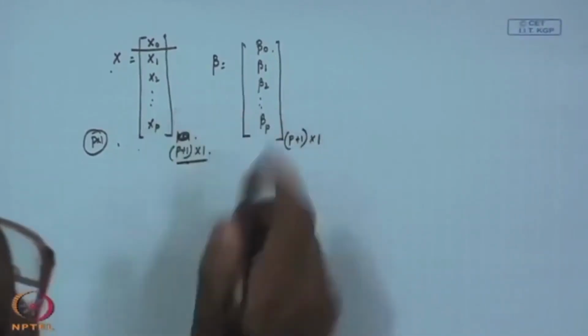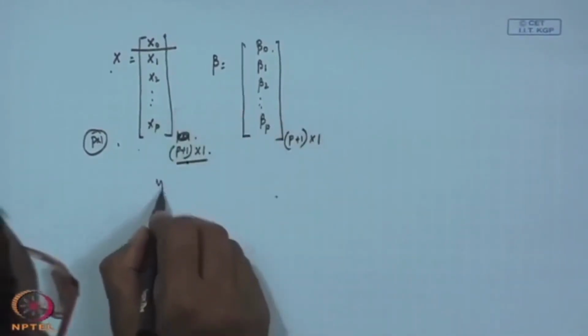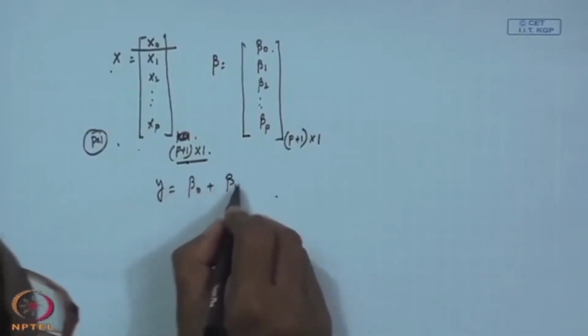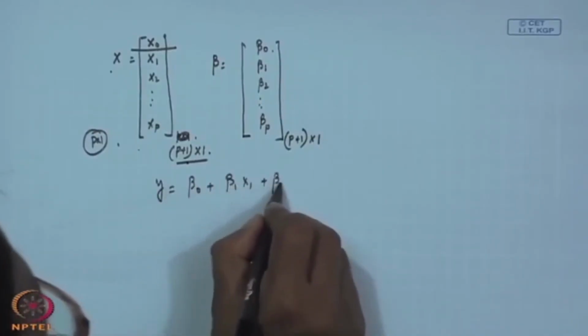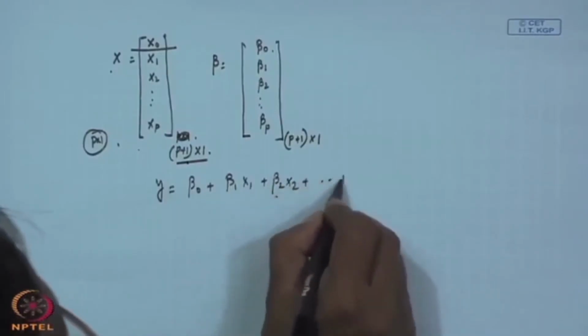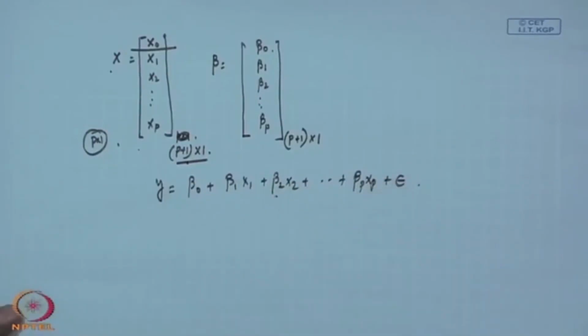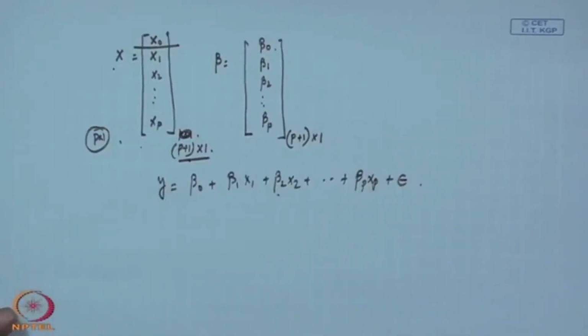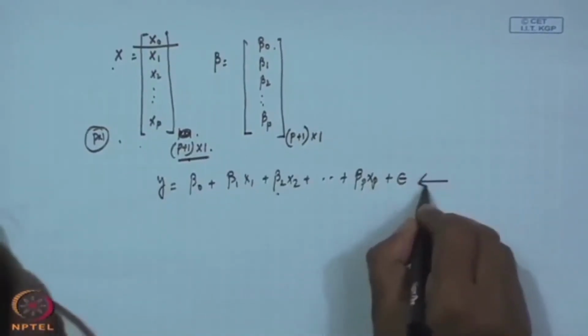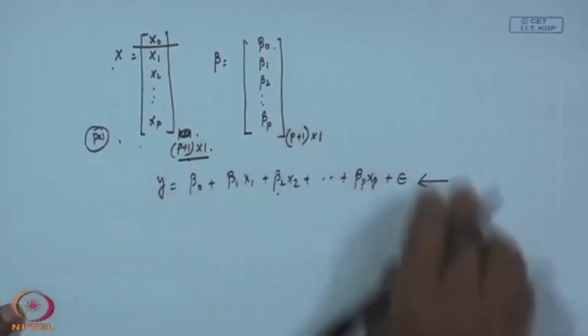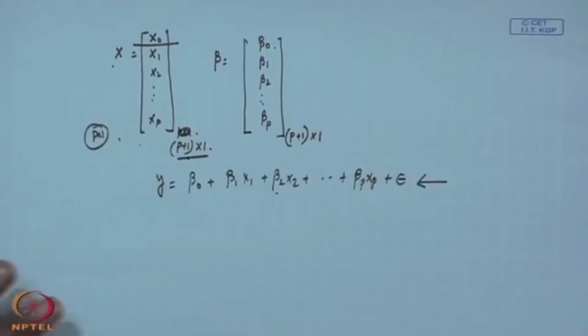Now, I can write: y equals beta 0 plus beta 1 x 1 plus beta 2 x 2 dot dot dot plus beta p x p plus epsilon. This is in general the general regression equation.